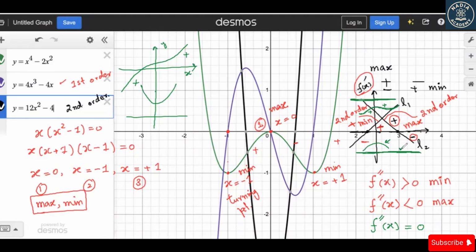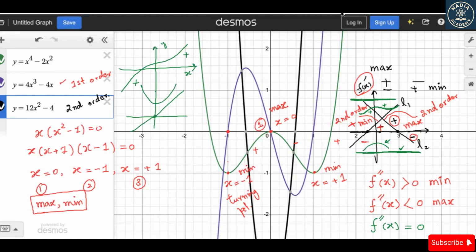In this one, the first order derivative is a parabola, but the second order derivative will be a straight line that passes through 0. So the second order derivative is 0 at the turning point.